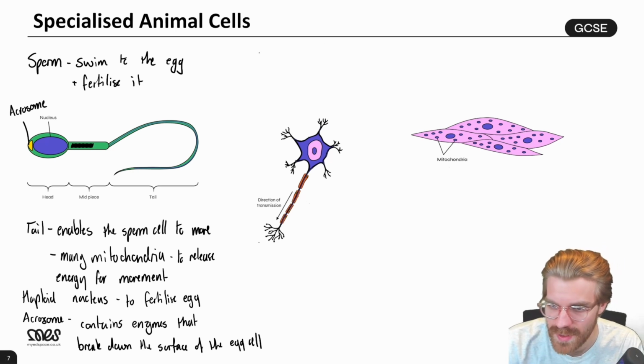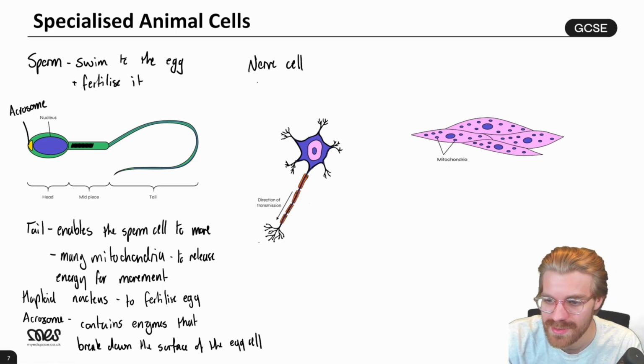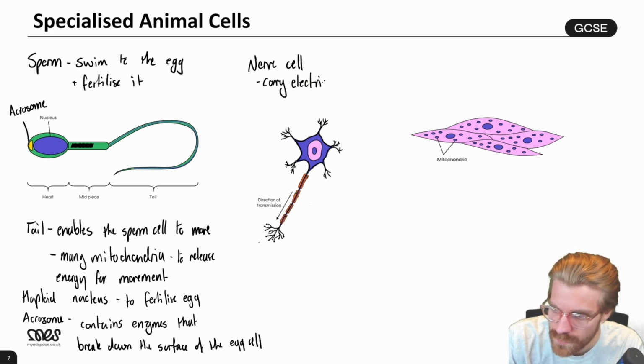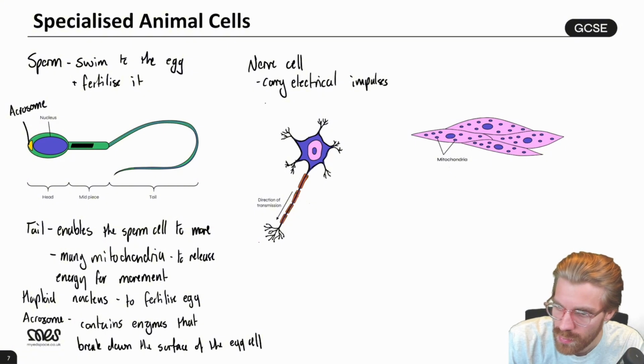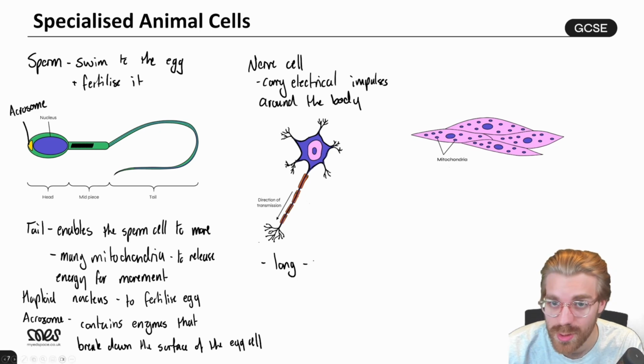Our next specialized animal cell is a nerve cell. A nerve cell is adapted to carry electrical impulses around the body. Those nerve cells are very, very long to carry the impulses a long way.